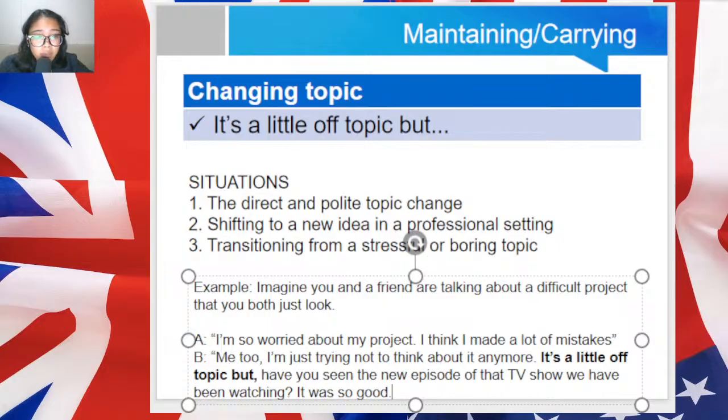Another is by the way, which is a more casual and gentle way to introduce a new idea. It is often used when a new thought comes to mind that is not connected to the current topic. Anyway is a more direct and sometimes more abrupt way to end a topic, especially one that has run its course. So it is used to steer the conversation in a new direction.